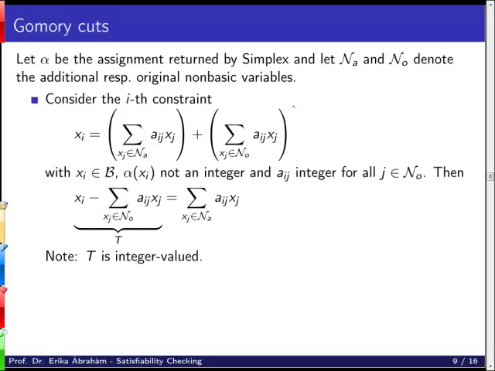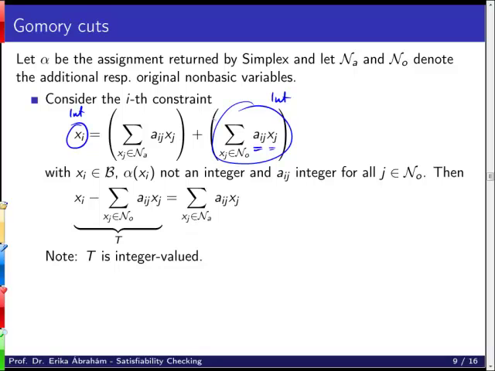Now what I can do is, I know that this was an original variable, so this is an integer. The current value is not, but it should be. These are also original variables. So this term here, since these should be integer, and I have also assumed that the coefficients are integer, also this part should be an integer. So the only non-integer part is here in the current assignment.